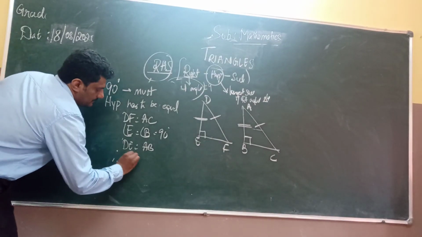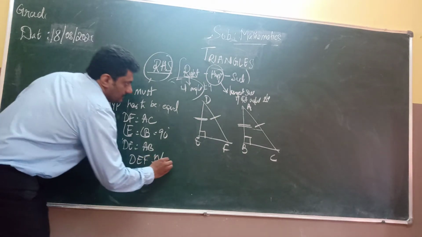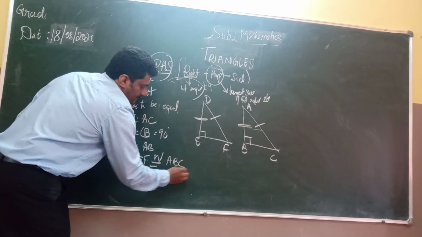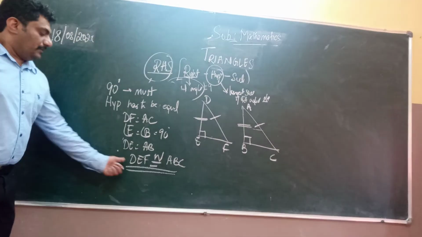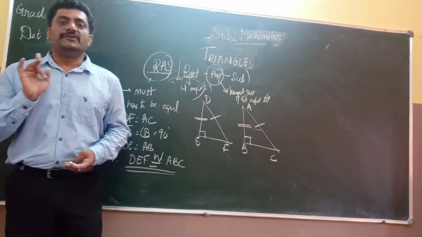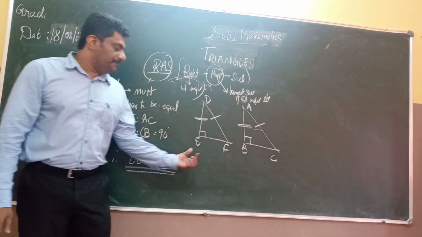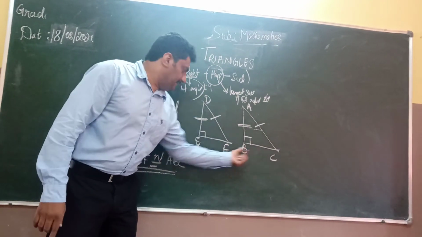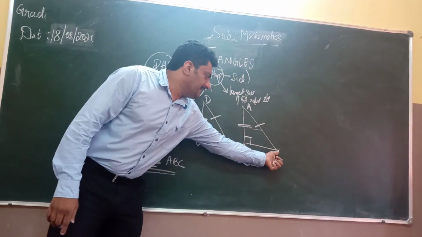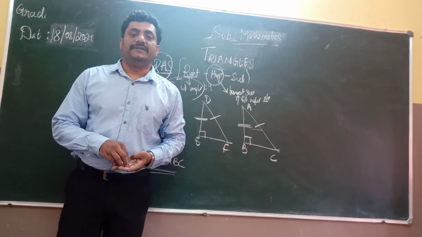Therefore, DEF is congruent to ABC. Once both the triangles are congruent, always remember that the corresponding parts are equal. In this case, the corresponding parts are EF, BC. Angle F, angle C. Angle D, angle A. These are the corresponding parts.